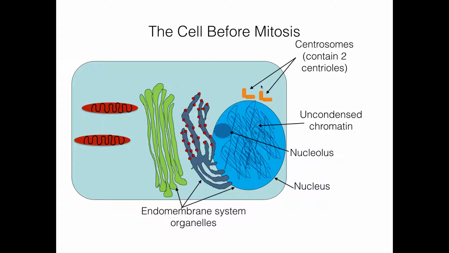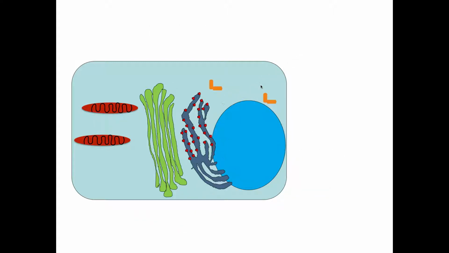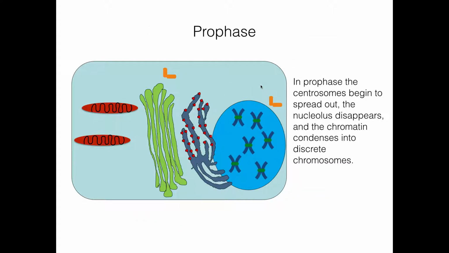Now let's say the cell begins mitosis, it gets the clearance, it's going to start dividing. Well, what happens? During prophase, one of the first things that happens is the chromosomes condense, right? They wind themselves up really, really tightly, and they turn into those tightly wound chromatids bound together at centromeres, like the picture that I showed you earlier.